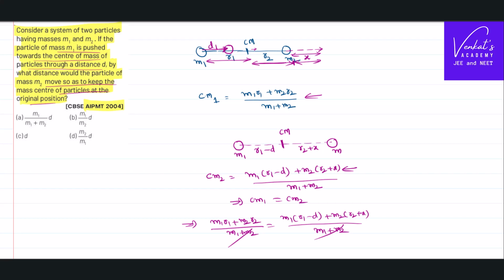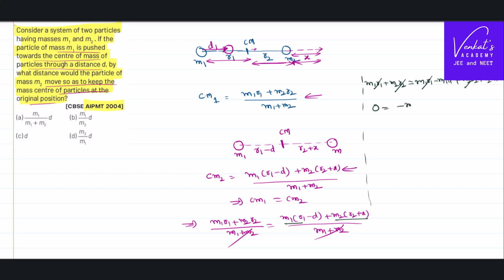Let us simplify this equation further. m1 r1 plus m2 r2 equals, multiplying here, m1 r1 minus m1 d plus, multiplying here, m2 r2 plus m2 x. m1 r1 and m2 r2 are there on both sides, so they can be cancelled.